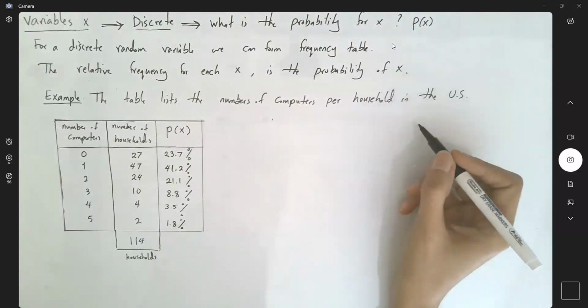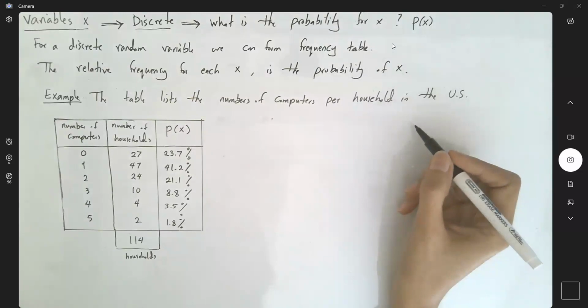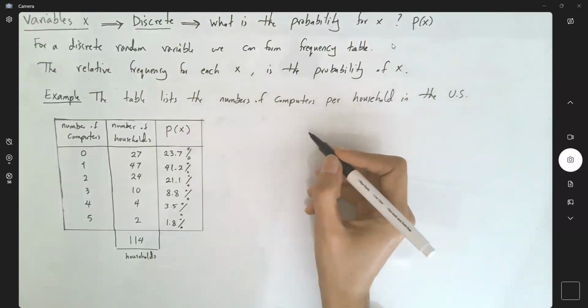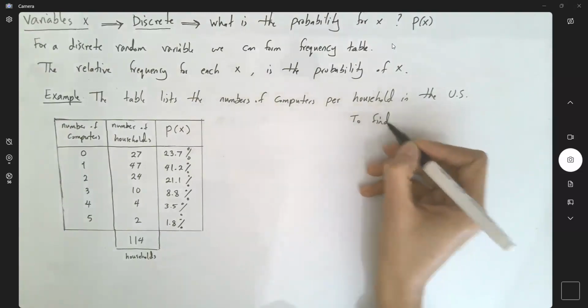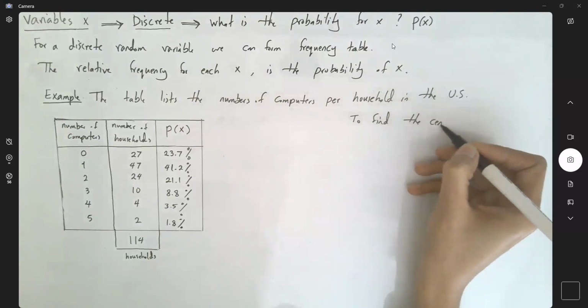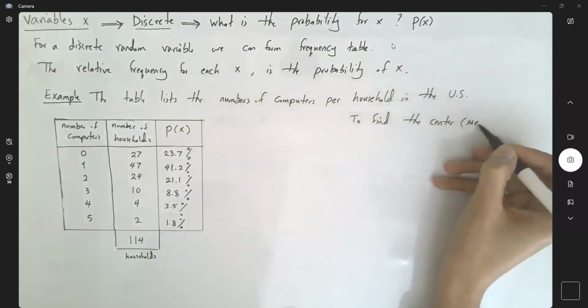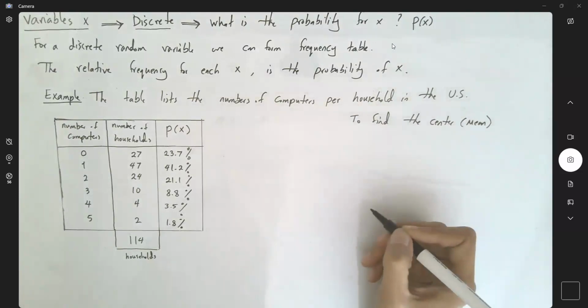To find the mean of your data, it's not that difficult. Let me show you. To find the center, or in this case, the mean, what are you going to do?